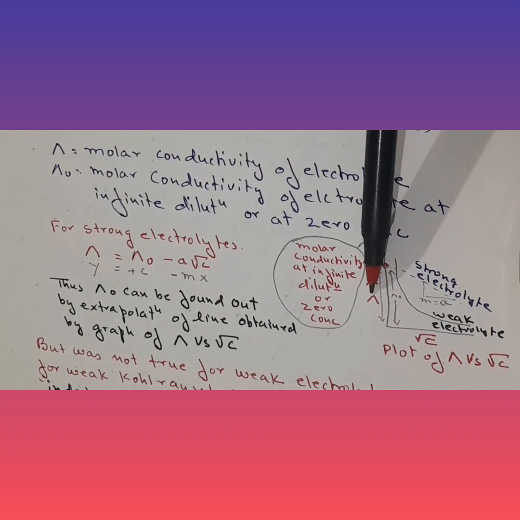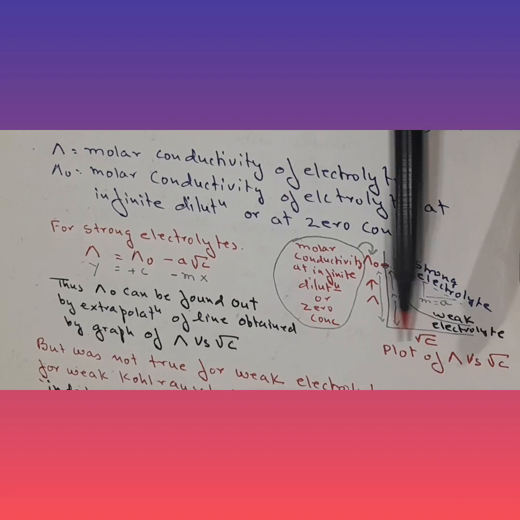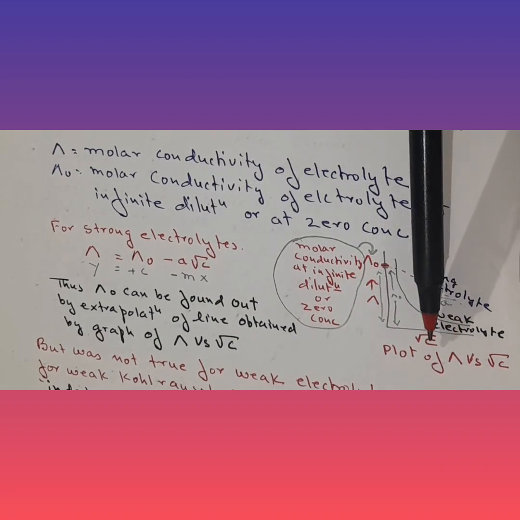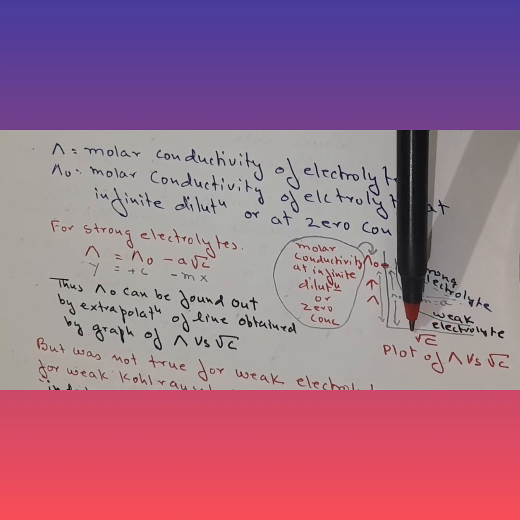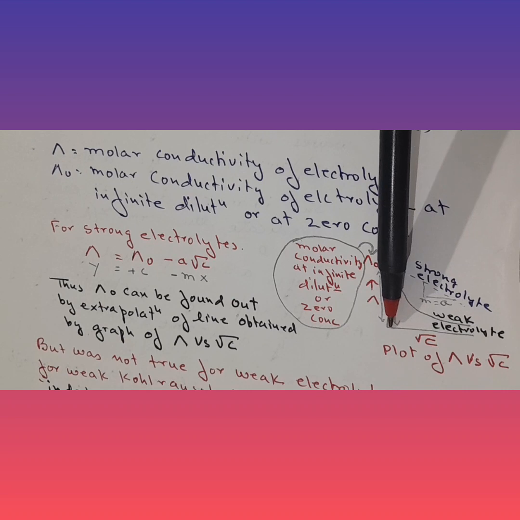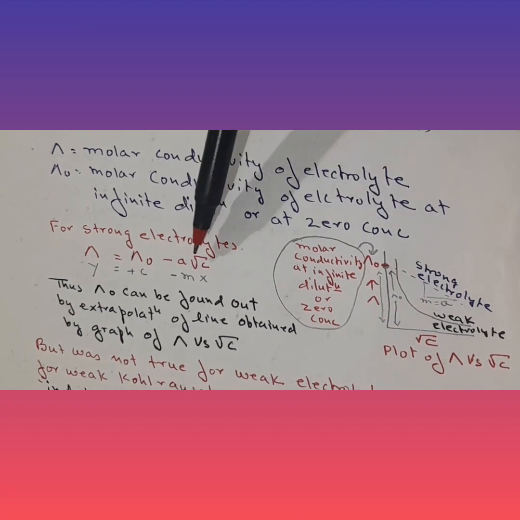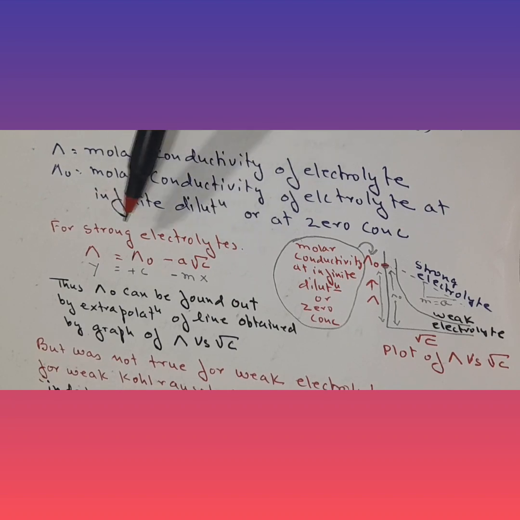Y is molar conductivity, so that would be the y-axis, whereas the x-axis would be root of concentration. As we keep coming this way, the concentration keeps on decreasing and it comes to infinite dilution over here. This equation was for strong electrolytes.